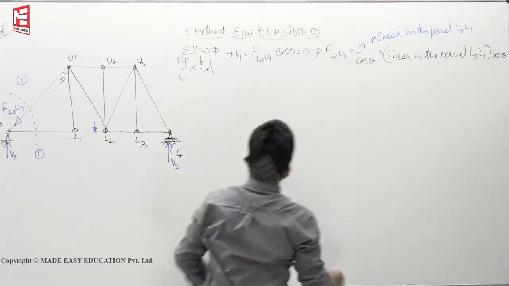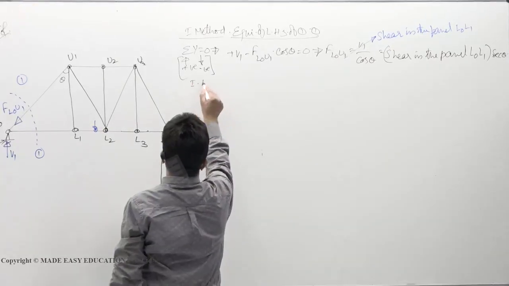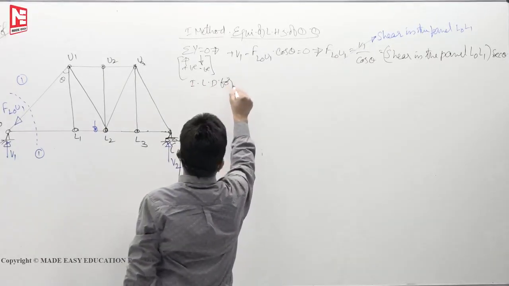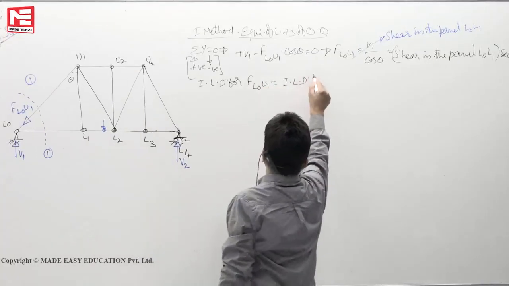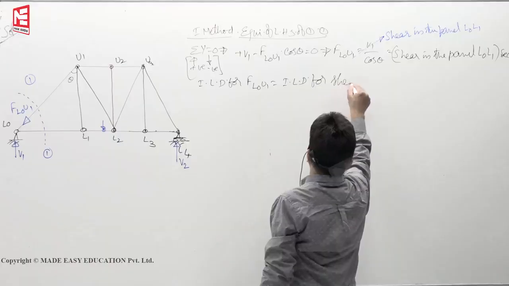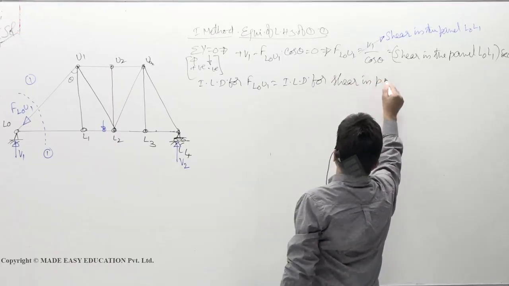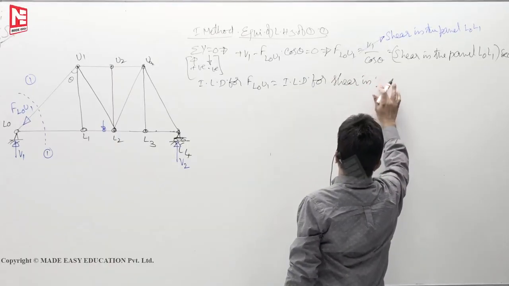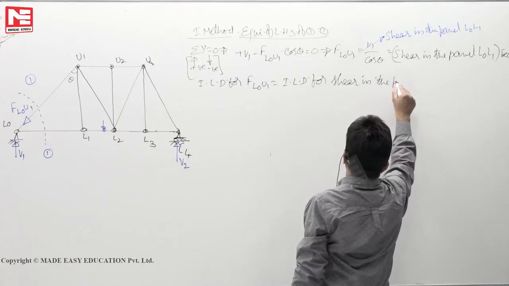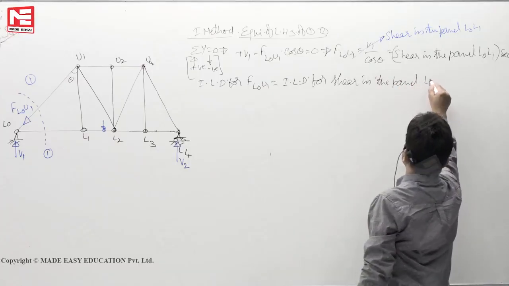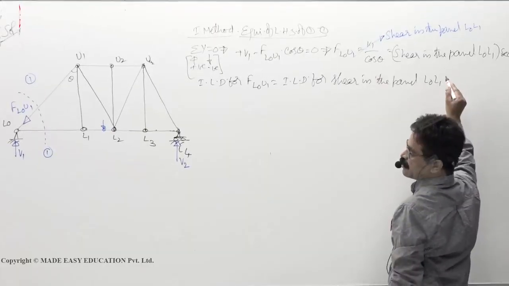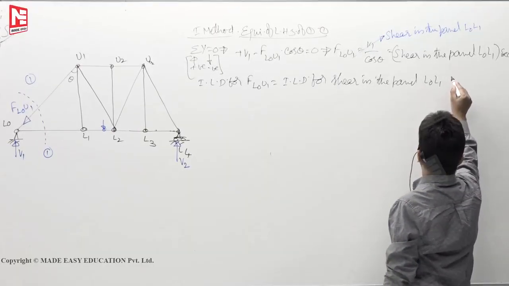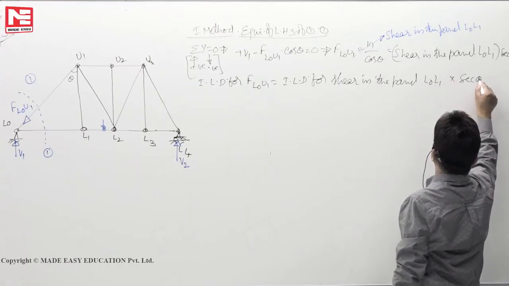If I want to draw ILD, ILD for F L0 U1 is nothing but ILD for shear in the panel L0 L1 into secant theta.